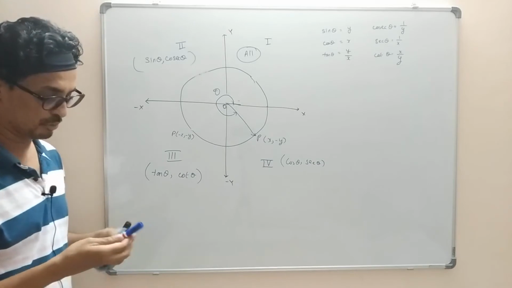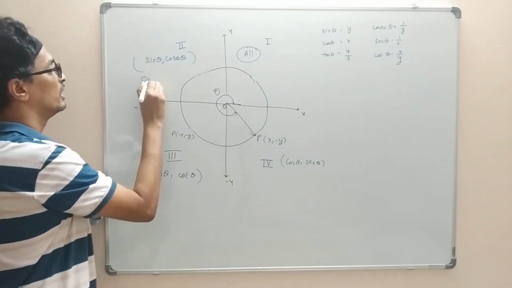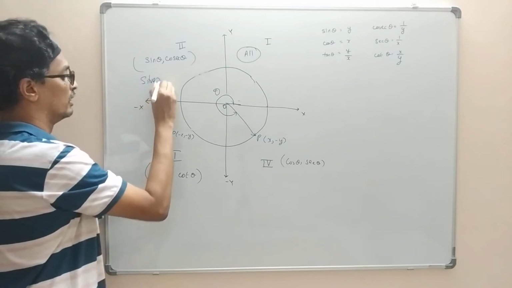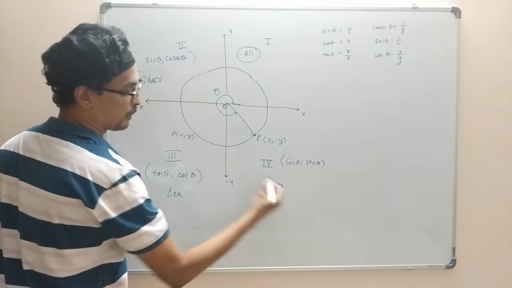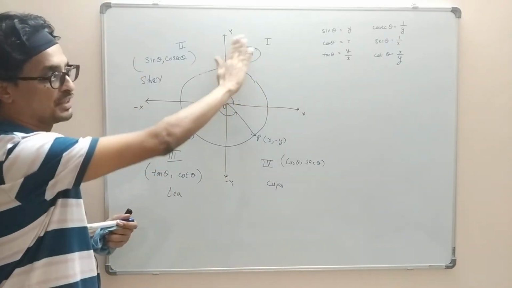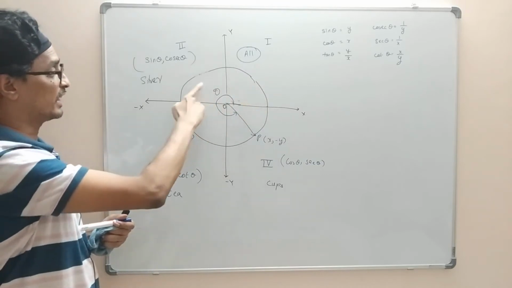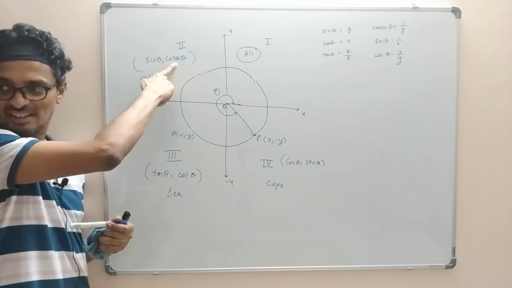One easy way to remember is the phrase: All Silver Tea Cups. In the first quadrant, All, everything is positive. Second quadrant, Silver: sin theta and its inverse are positive.